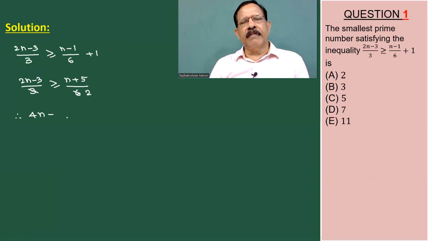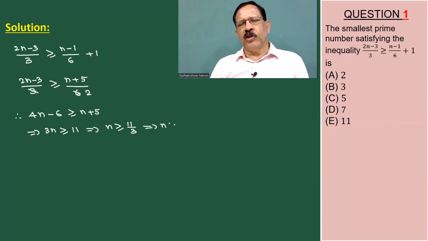So 4n minus 6 is greater than or equal to n plus 5. Again, 4n minus n is 3n, greater than or equal to minus 6 plus 5. Sorry, 6 plus 5, it is 11. So n is greater than or equal to 11 by 3.